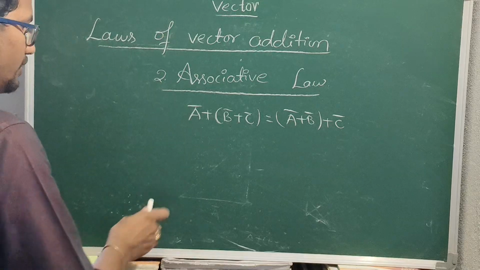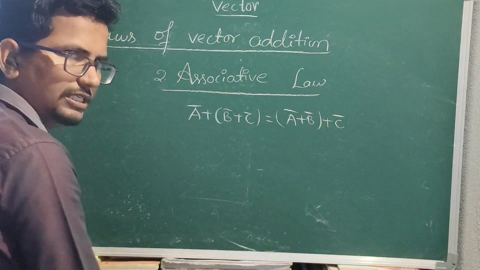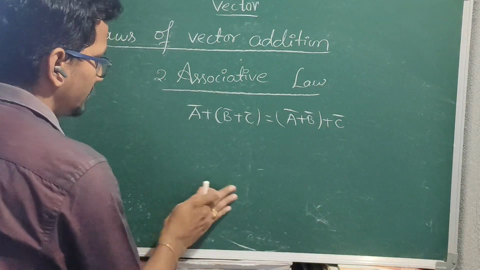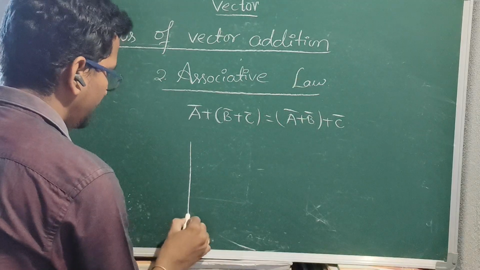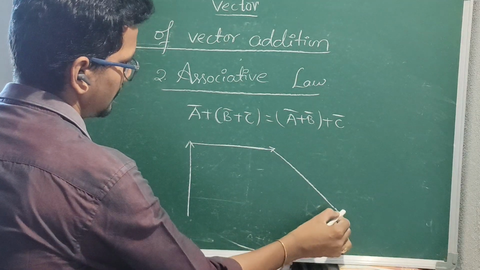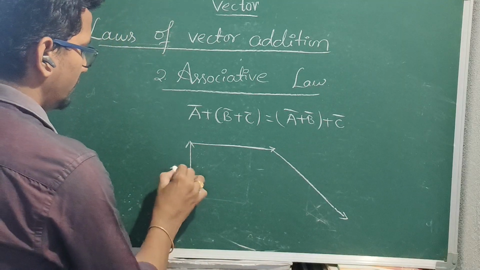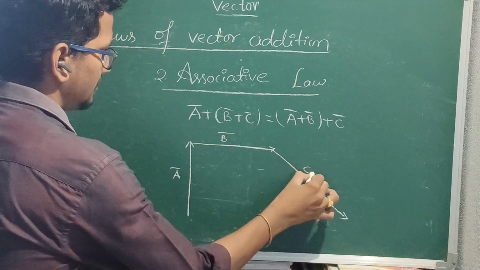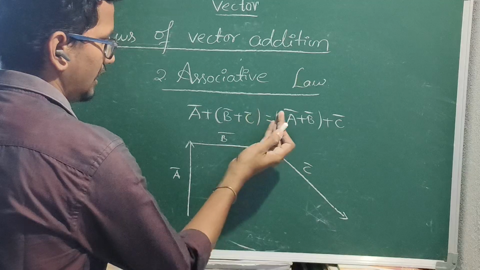First of all, the graphical and diagrammatic representation. We need to take three vectors, for example like this: a bar, b bar, and c bar. The first condition is the left hand side.